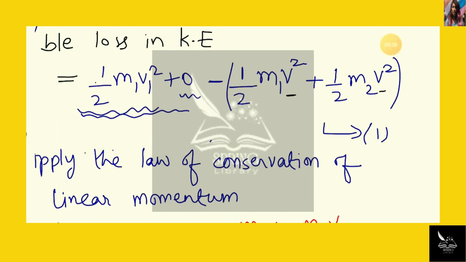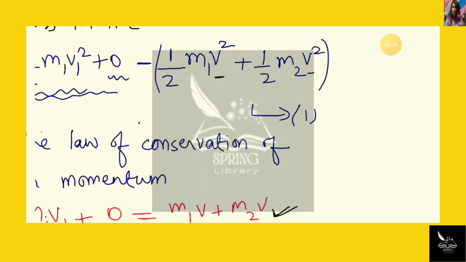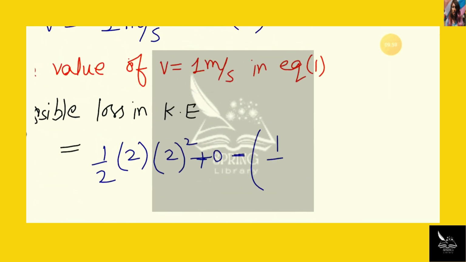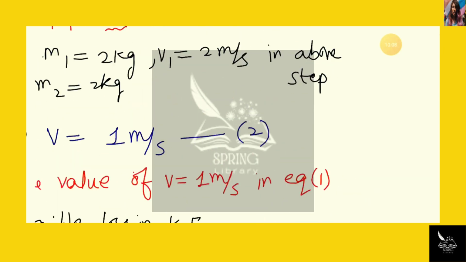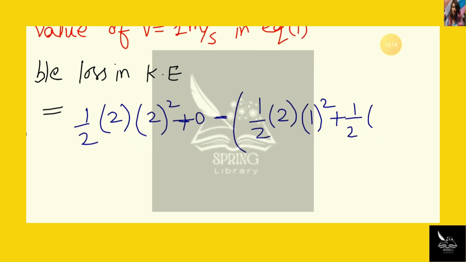That means here I will write the other data also: half m1, which in the question is given as 2, v1 square, that means 2 square plus 0, then minus, in the parenthesis, half m1 v square, that means half m1 will be 2, v square will be 1 square, plus half m2 v square, so m2 will be 2 and v square means 1 square.